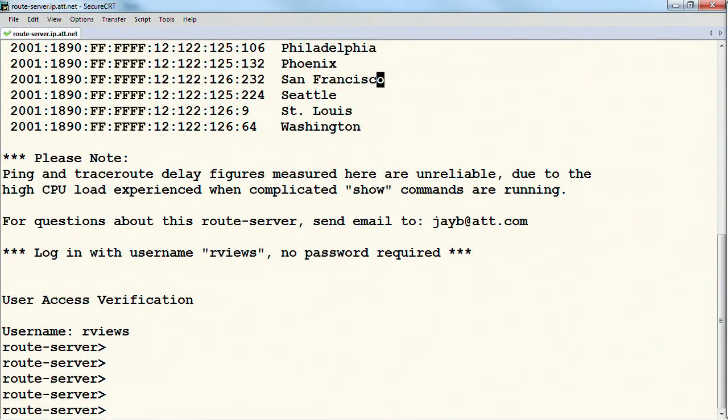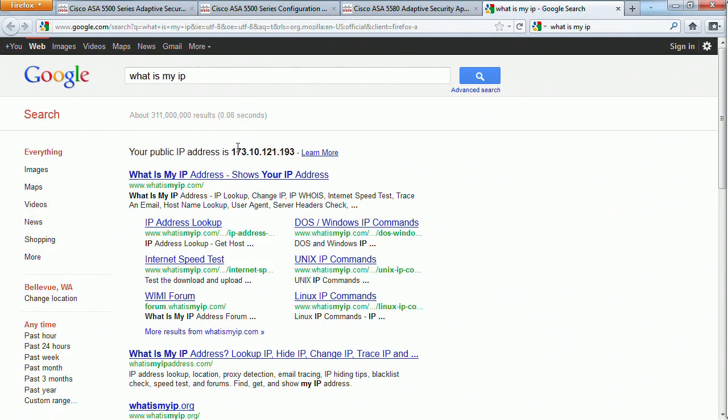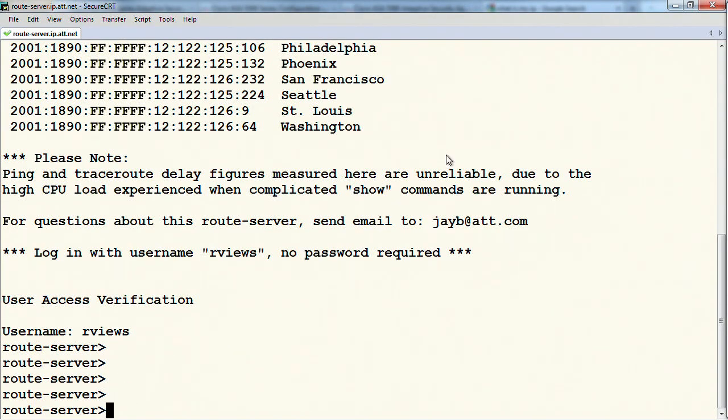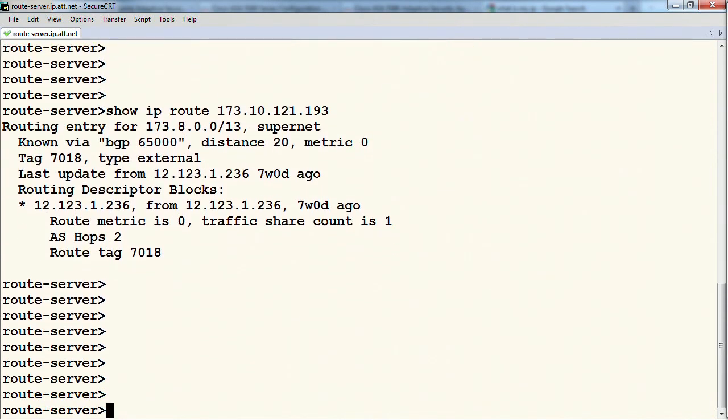Like if we look here, let's say what is my IP? Let's see, what is our address here? Is this value, this 173 number. On this router, if I were to say show IP route, and then the address that we're using publicly, they're using a /13 subnet to reach us.